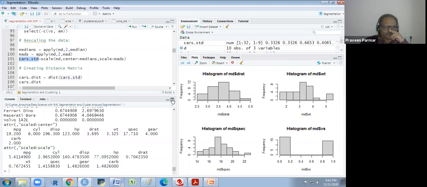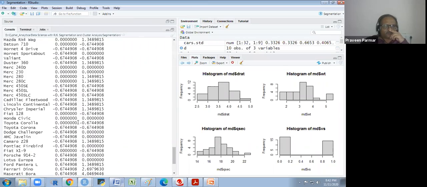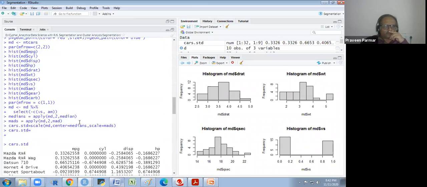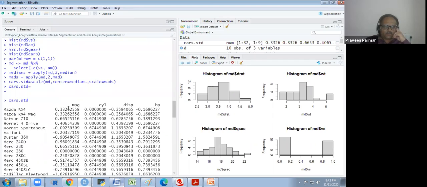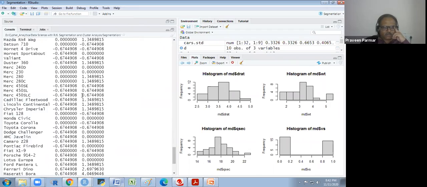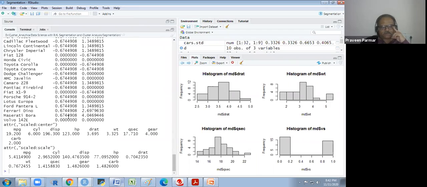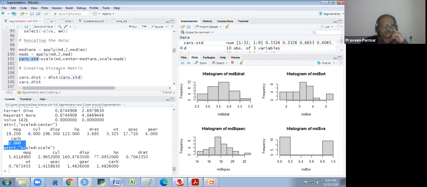You see, this is the car standard. This is the mileage, this is the cylinder, this is the value. We have the 32 cars. This is also giving us the values in the scale we are considering.